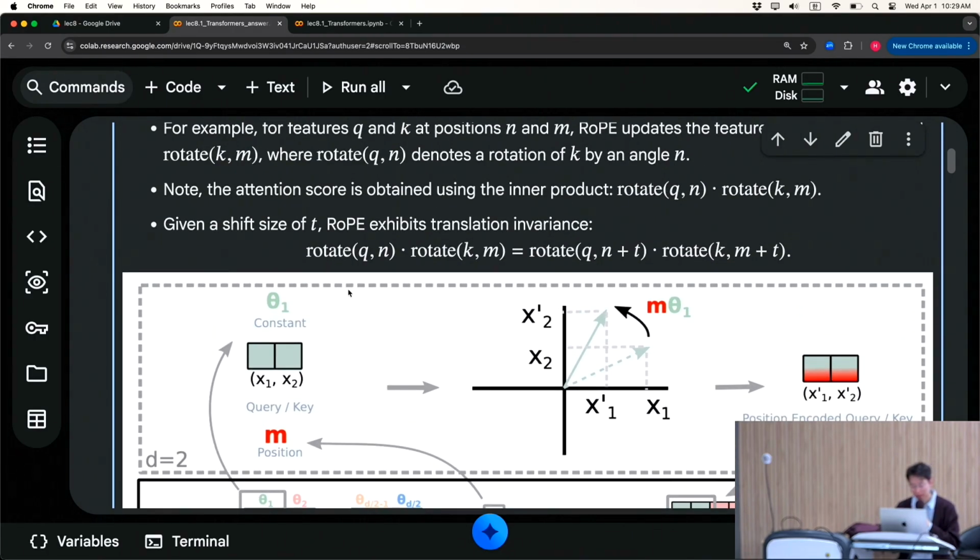The inner product of the query rotated by amount N and the key rotated by amount M is computed. In another sentence, if the exact same combination appears at a different position, they get rotated by amounts translated by T, and by the property of rotation, the inner product ends up being the same. So that's the core idea of RoPE.